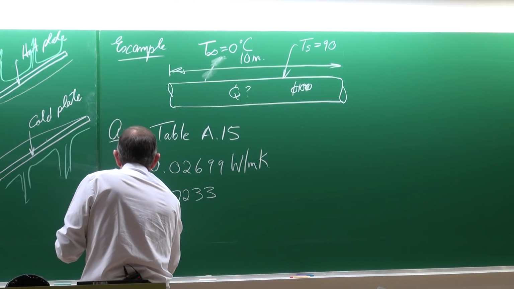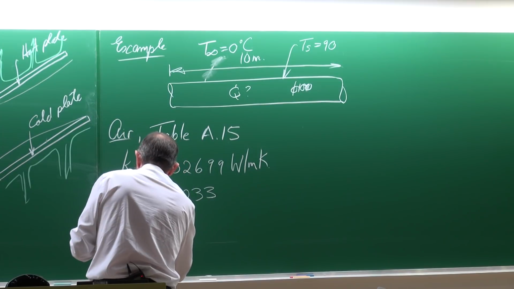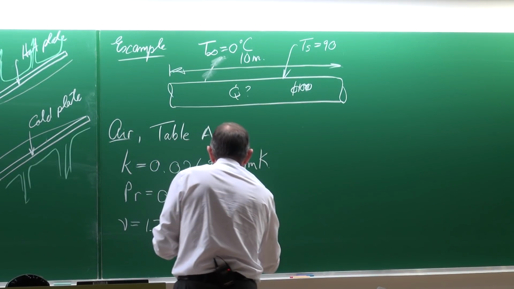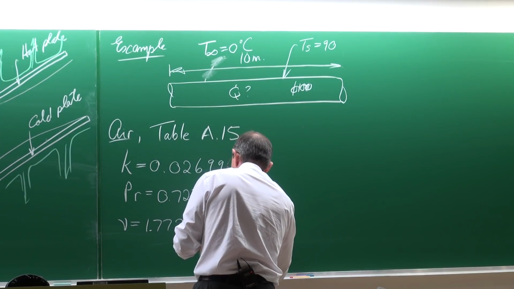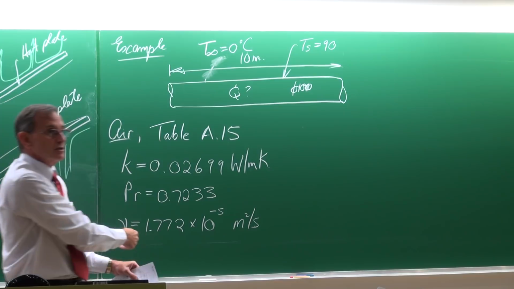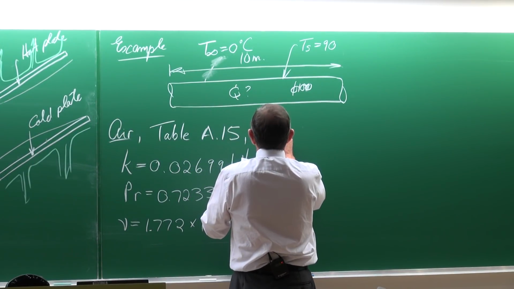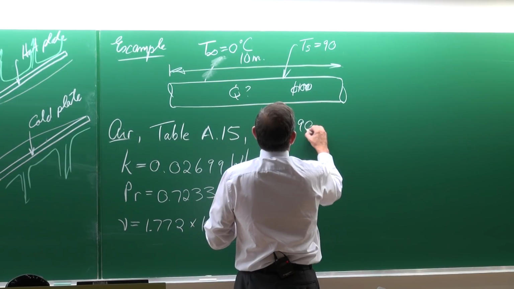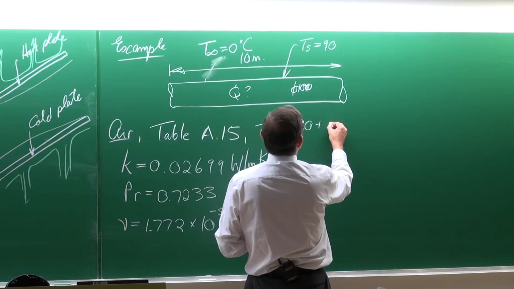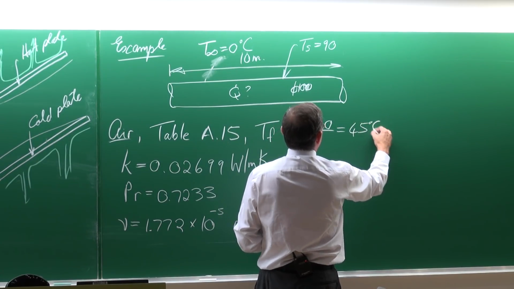The kinematic viscosity is equal to 1.772 multiplied by 10 to the minus 5 square meters per second. And this we got at a certain temperature. I'll be with you just now. And the temperature we're going to use is the film temperature, which is the average of the 90 plus 0 divided by 2, is at 45 degrees Celsius.